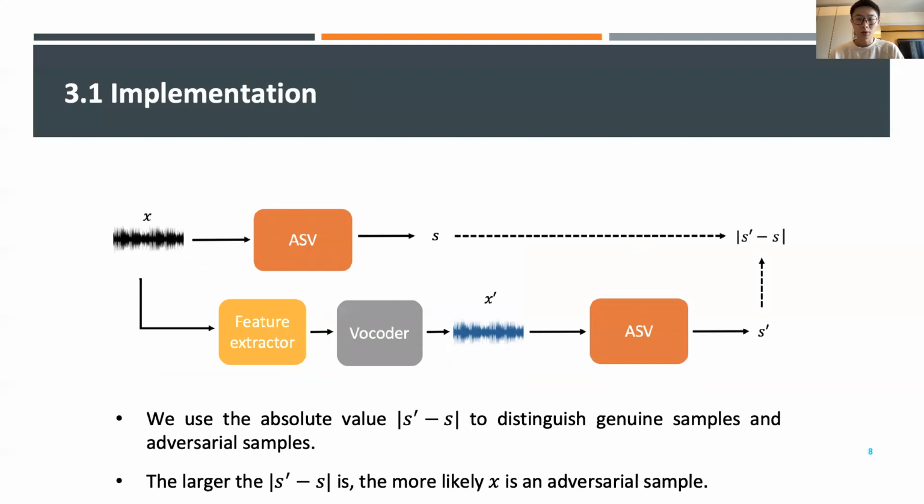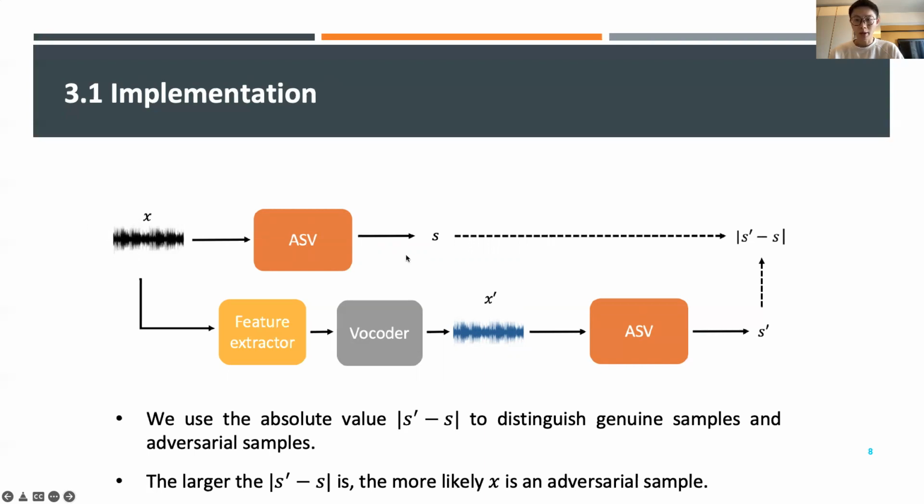This is the proposed detection framework based on neural vocoders. We will not show the enroll utterance and only show the testing utterance here. The testing utterance is X. Given the input utterance X, be it genuine or adversarial sample, there are 2 paths.